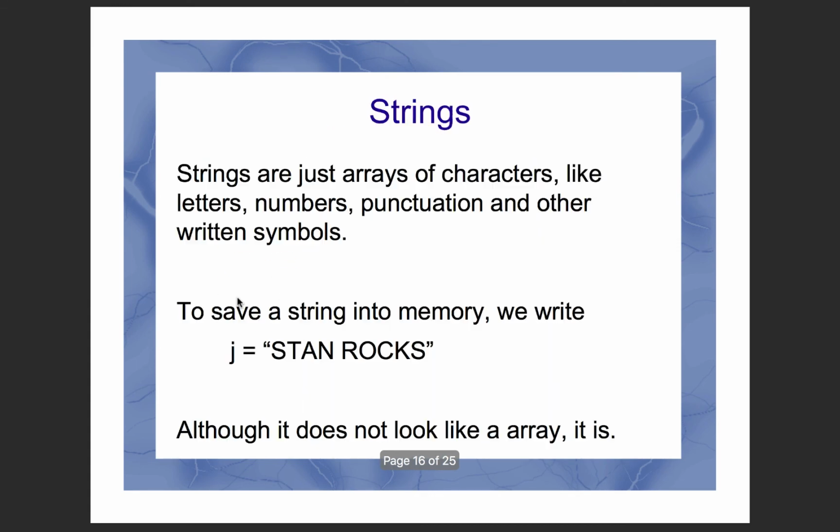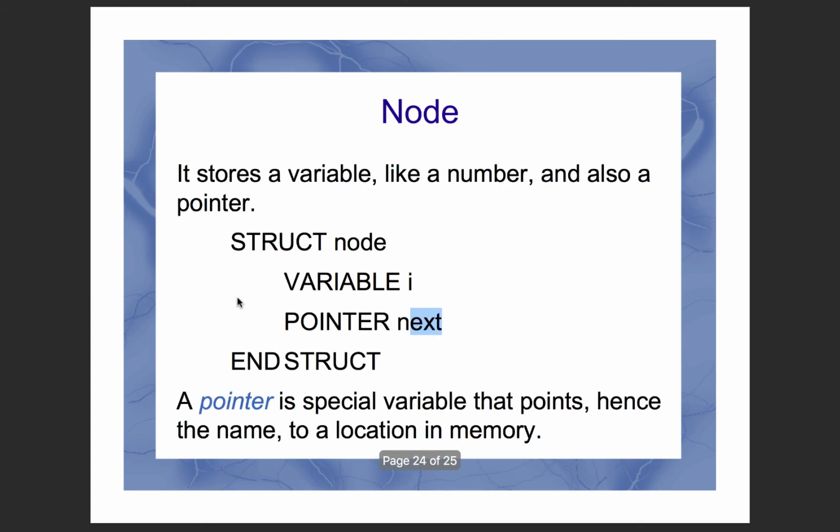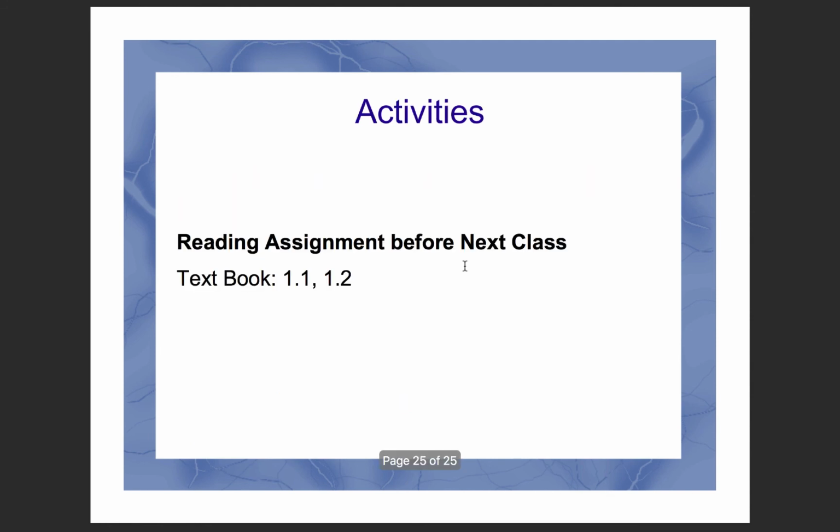So now we are seeing that this node structure is used for creating nodes for the linked list. We'll see how to use a node to create a linked list.